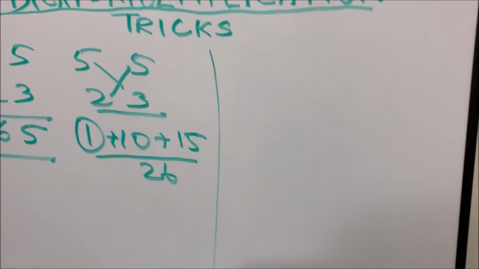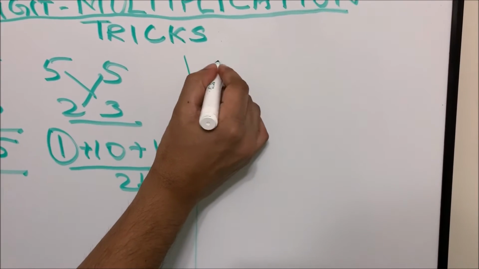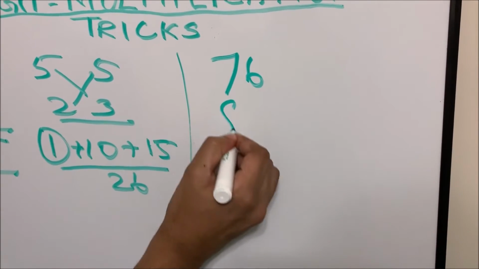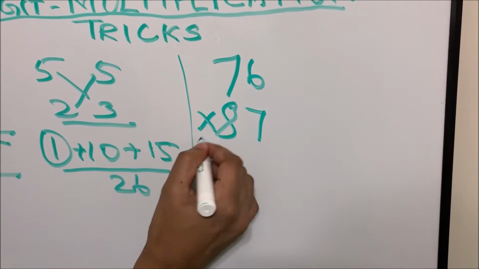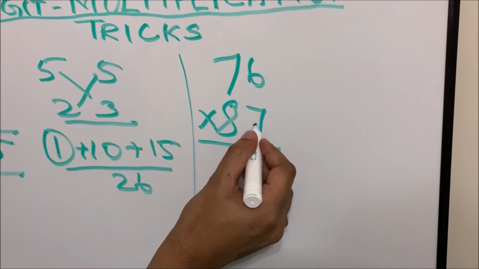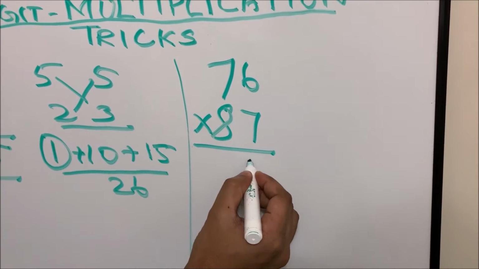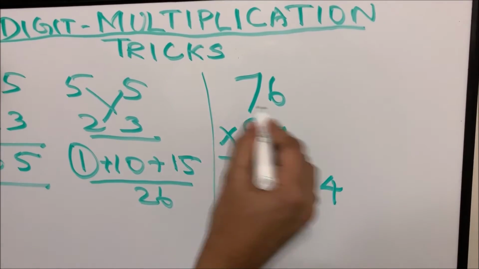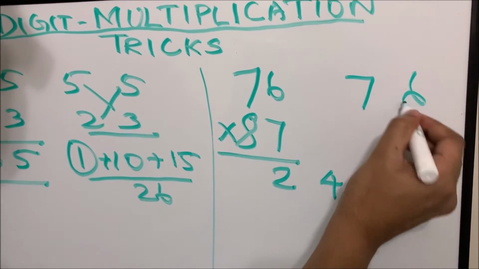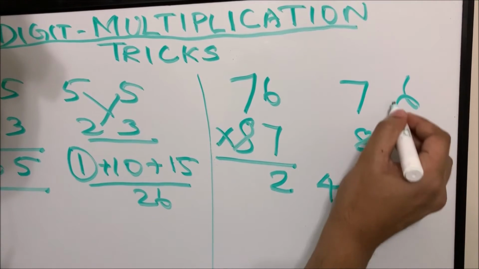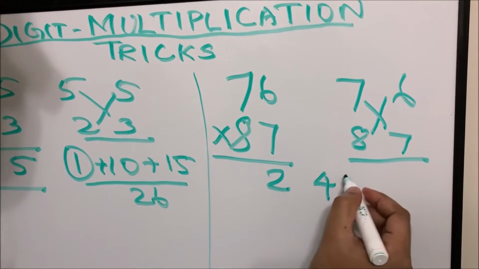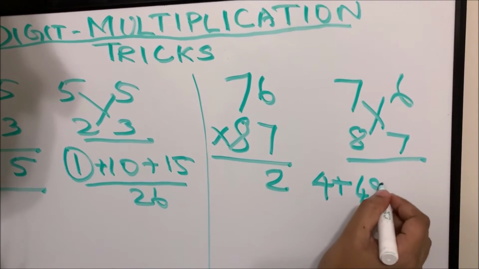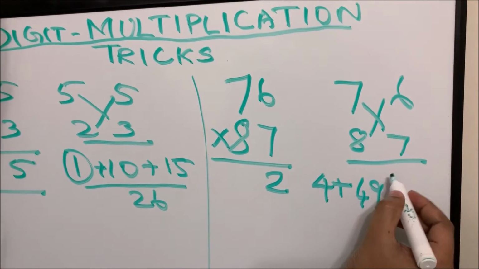One more example, 76 and 87. Multiplying the right two digits, 6 sevens are 42, writing 2 here and carrying over the 4. Next cross multiplication, 76, 87. 7 sevens are 49, plus 6 eights are 48.